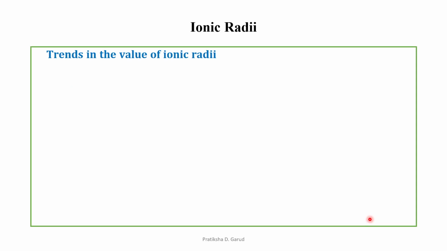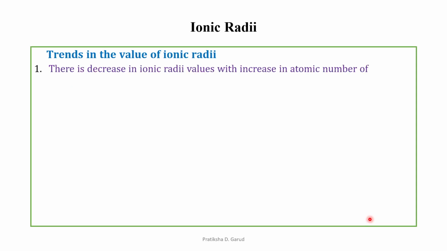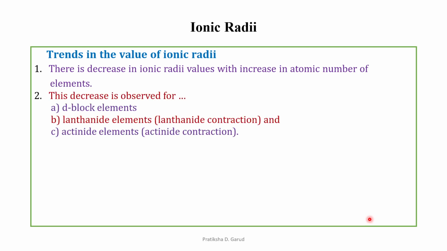So further, trends in the value of ionic radii. There is a decrease in ionic radii value with increase in atomic number of the element. So as the atomic number increases, the ionic radii value decreases. This decrease is observed for d block elements, then lanthanide elements, which is called the lanthanide contraction, and actinide elements, which is called the actinide contraction.